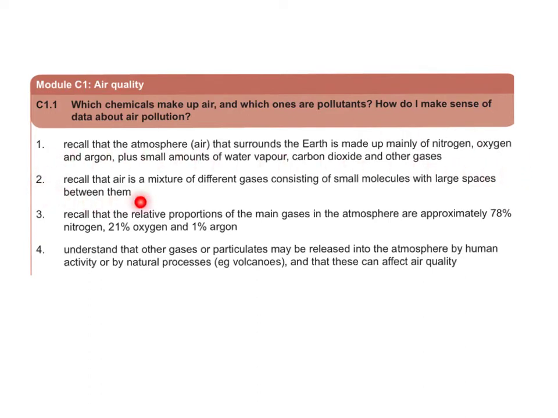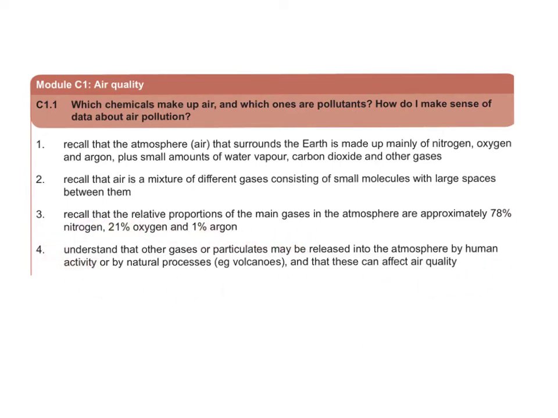You need to recall a little bit about the particle theory, about gases consisting of small molecules with very large spaces between them. We'll cover that. You need to know the percentages of these gases, so nitrogen, oxygen and argon. That's actually approximately 1%.